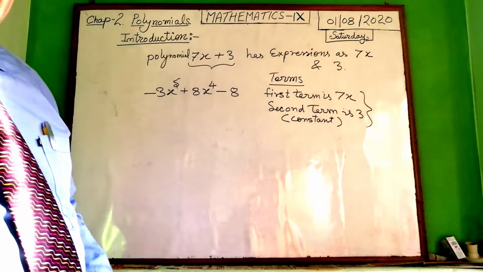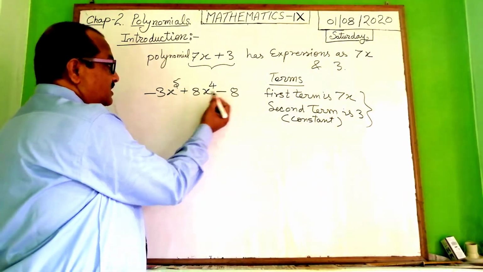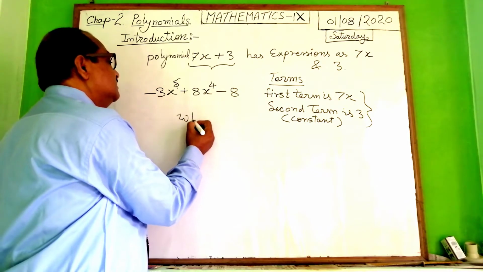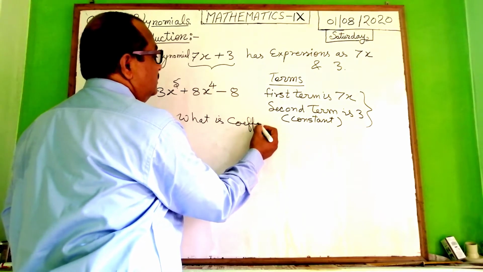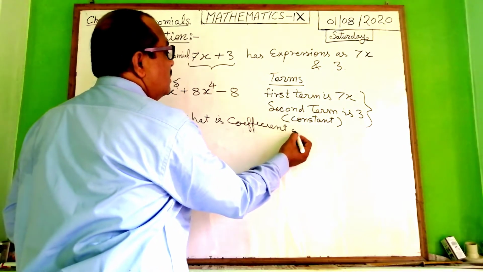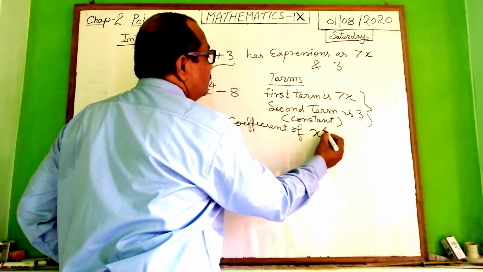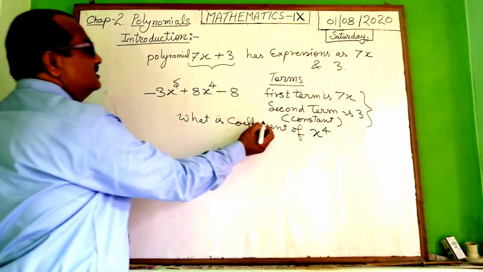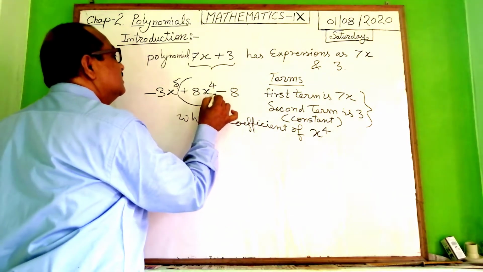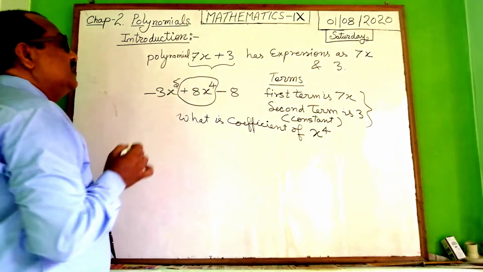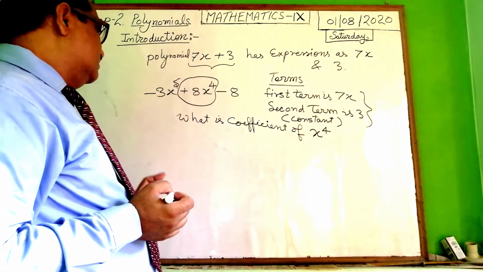After that I would like to explain coefficient. Suppose it is asked what is the coefficient of x to the power 4. So see where this term exists. You can see this one is the term containing x to the power 4.